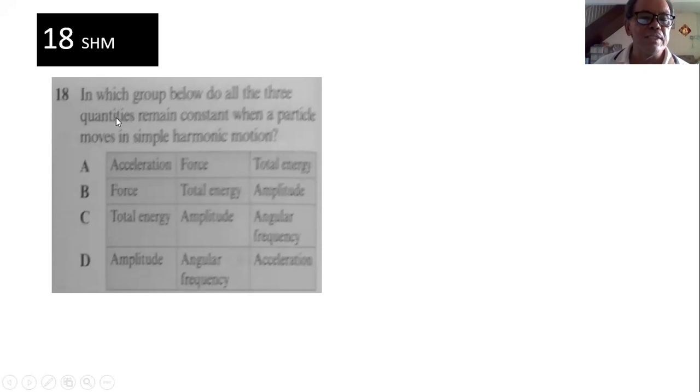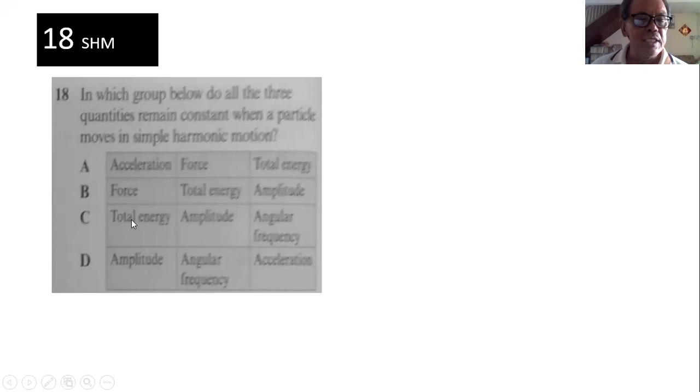You want the quantities that remain constant when the particle moves with simple harmonic motion. Acceleration changes with displacement. Force changes because acceleration changes. Total energy is constant. Right? So force changes, total energy is constant.